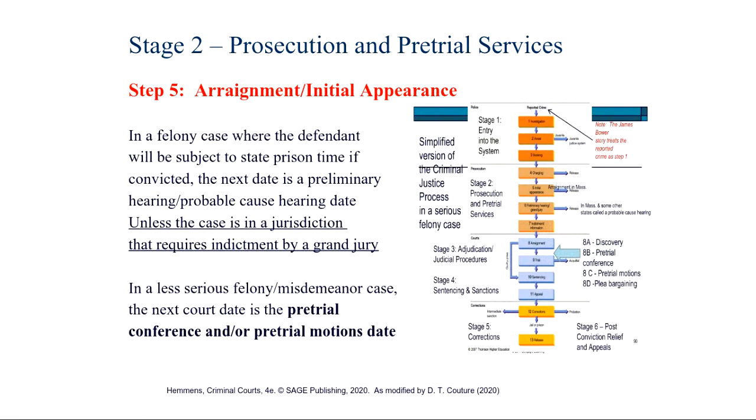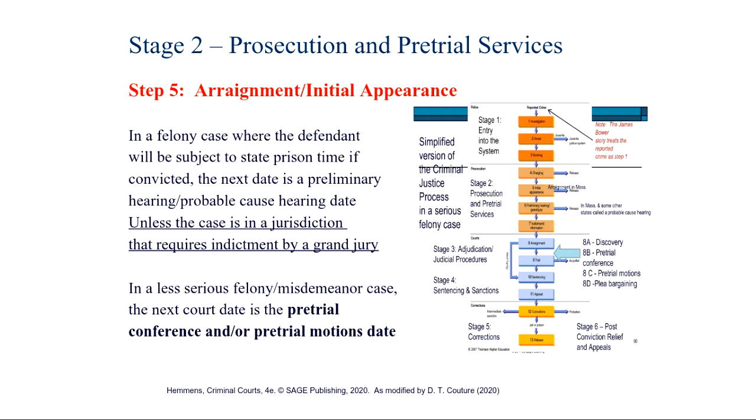Okay, in the case of a serious felony, the next court date would be, depending upon what state the person was in, either a preliminary hearing before a judge to determine whether there is probable cause, or a grand jury hearing.